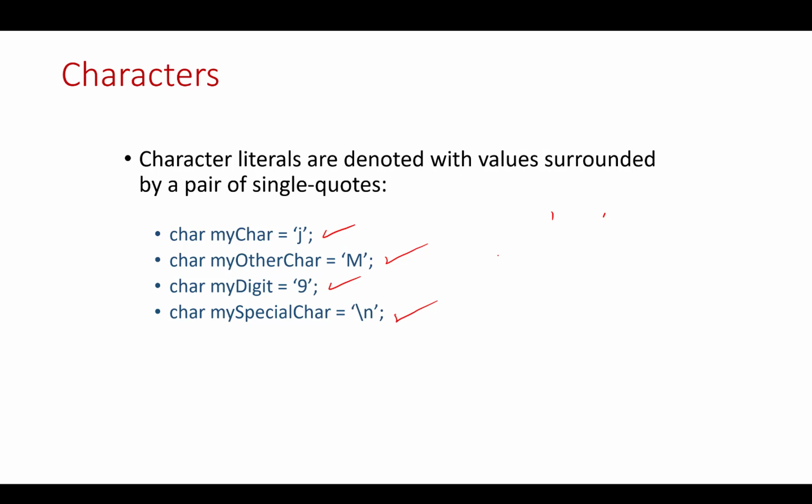I can also do char my character, which is the declaration, and then after that say my character equals single quotation J single quotation. So I'm doing the declaration first, and then after that, the initialization.